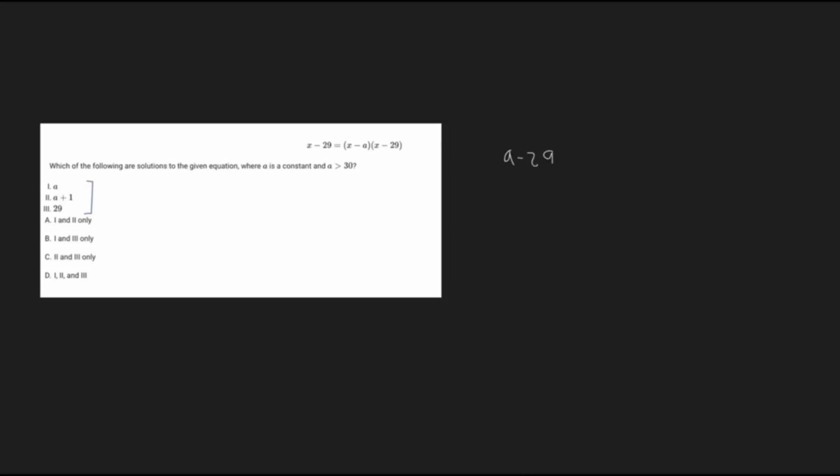We know a is a value greater than 30, so that's just something to keep in mind. And then on the other side, we're going to have x replaced with a. So we end up getting a minus a. And then that is going to be multiplied by x minus 29, which is just the same thing as before, a minus 29. Something interesting you'll realize here is that a minus a is equivalent to 0.